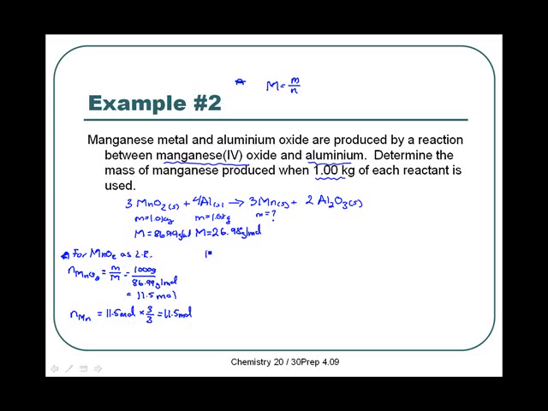So now we're going to check aluminum and see if aluminum is our limiting reagent. And so we're going to find out how many moles of aluminum we have. Again, moles is mass over molar mass.